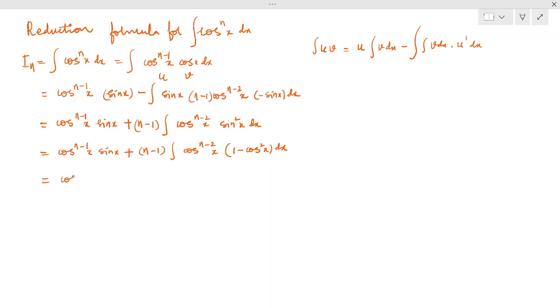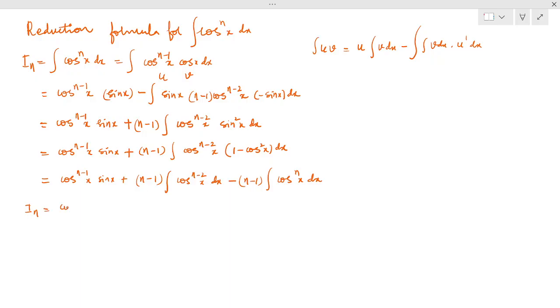Which is cos raised to n minus 1 x into sin x plus n minus 1 times, you can multiply: integration of cos raised to n minus 2 x into 1 is cos raised to n minus 2 x into dx, plus minus n minus 1 times integration of cos raised to n x into dx, because when bases are the same, cos raised to n minus 2 x into cos square x, powers are added, n minus 2 plus 2 is just n.